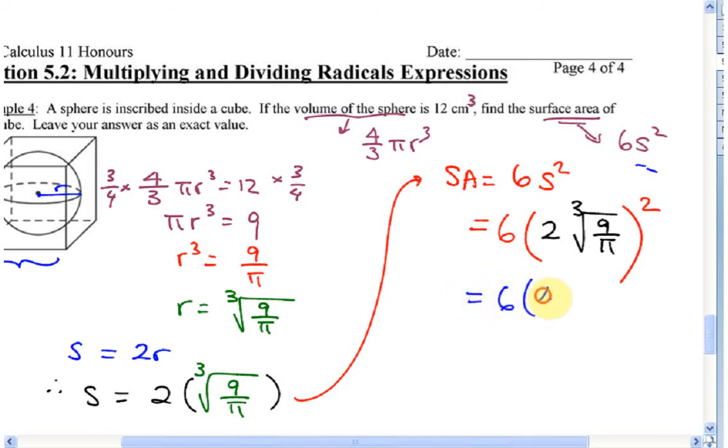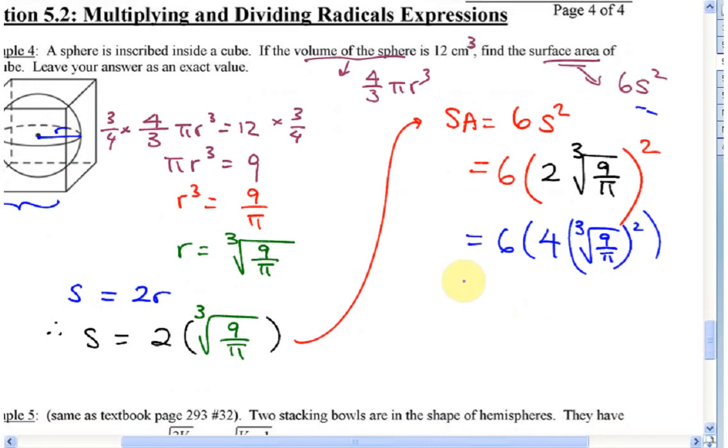Good. Now what's the square of this root? Well, that would just be this whole thing all squared, right? Now 6 times 4 is 24. And because we're talking about rationalizing the denominator, I want you to separate this, please, into the cube root of 9 squared divided by the cube root of pi squared.